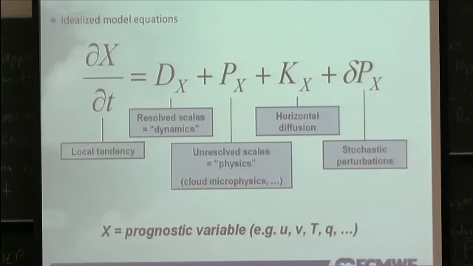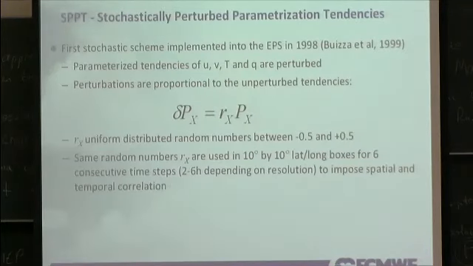And the first implementation was done in 1998, and the idea was to have perturbations which are proportional to your physics tendency. And so it was simply the perturbation is a random number multiplying this total parametrized tendency. And as you can see from the x and the random number, each of the perturbed parameters, so the wind components, temperature and humidity, each had its own random number.